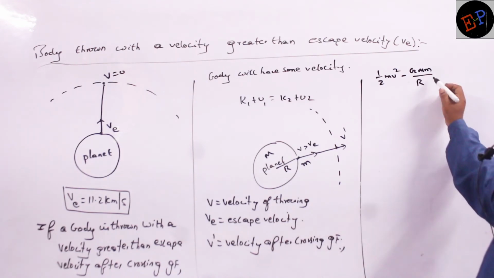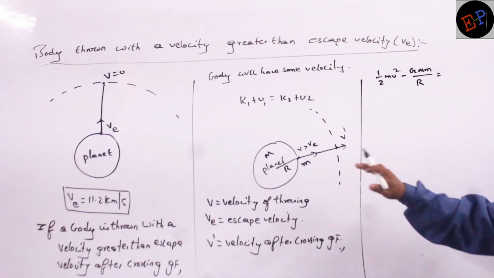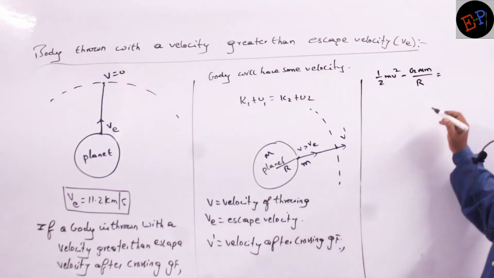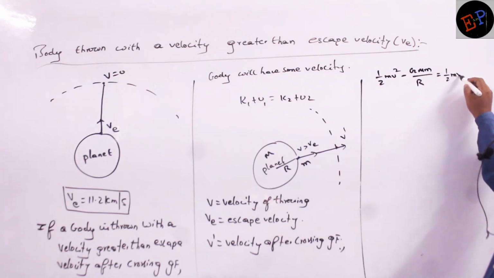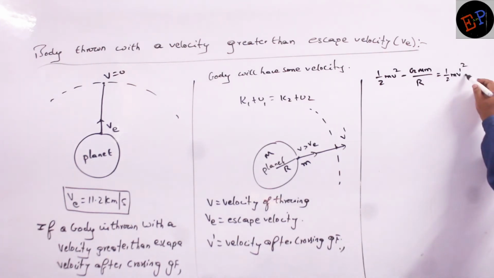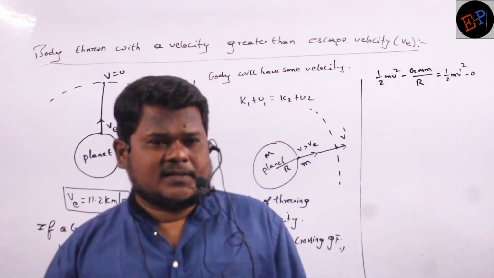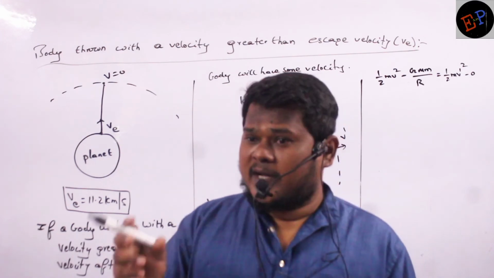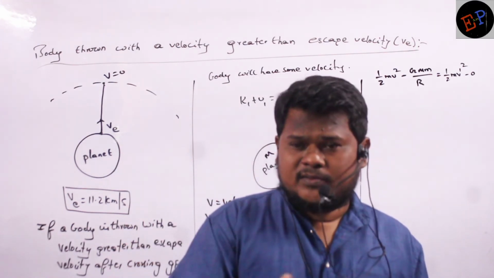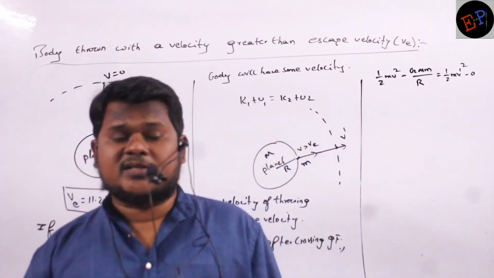This equals the final kinetic energy. After crossing the gravitational field, its velocity is v dash, so the kinetic energy is half m v dash square. Final potential energy is 0, because after crossing the gravitational field, the body will have maximum potential energy. Already we studied about potential energy.